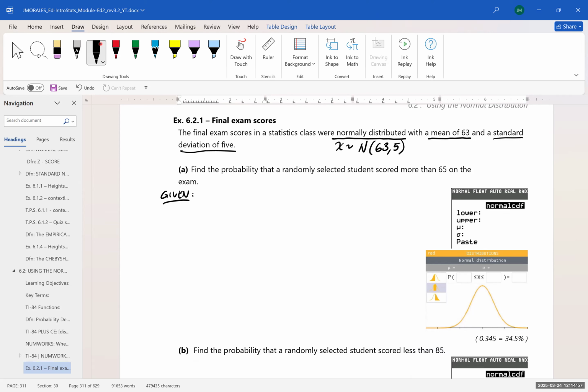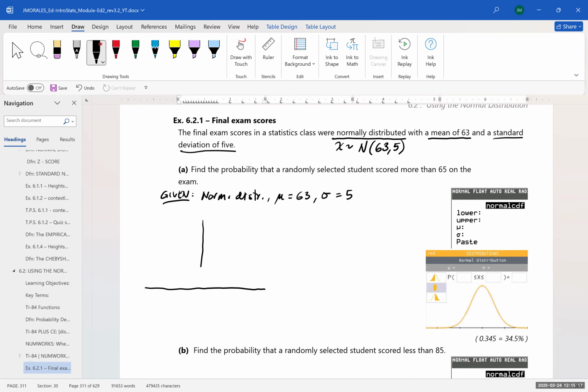So we've got a normal distribution with a mean of 63 and a standard deviation of 5. Let's draw this out and see what this would look like.